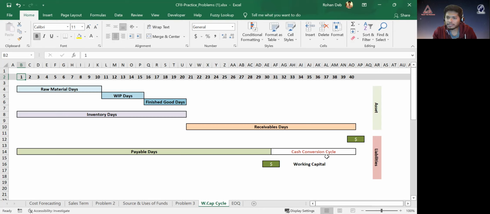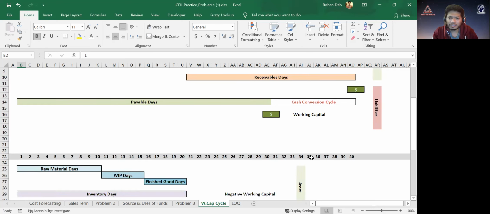Because of this gap between the receivable and the payable, this is known as working capital, because you have to have that fund. On day 30 you don't have funds, so you borrow that fund, or you have working capital that is sufficient enough to pay this person, and it gets met when you get the money from your customer. So to manage this delay of 10 days, it's called cash conversion cycle.